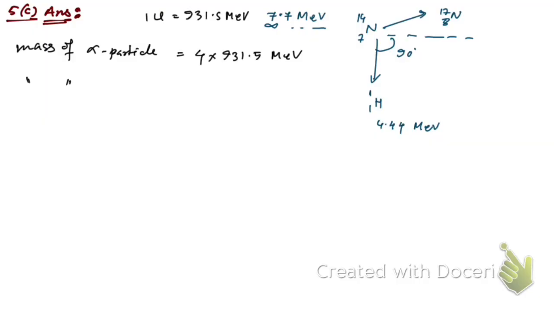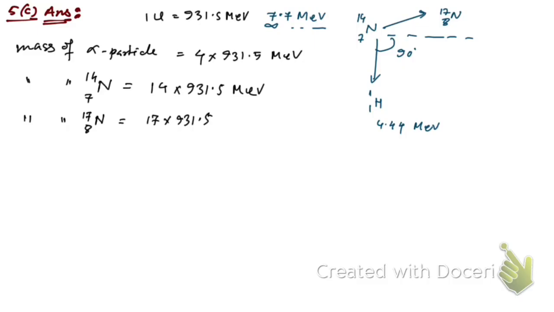So the mass of N14 is going to be 14 into 931.5 MeV, and the mass of the daughter nucleus we're going to take as 17 into 931.5 MeV.